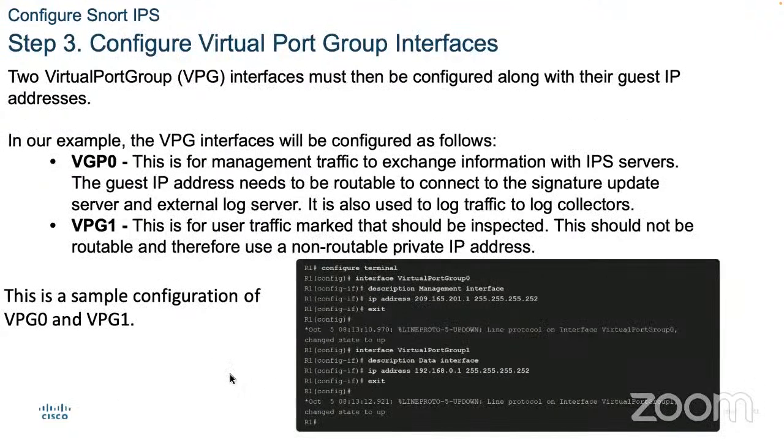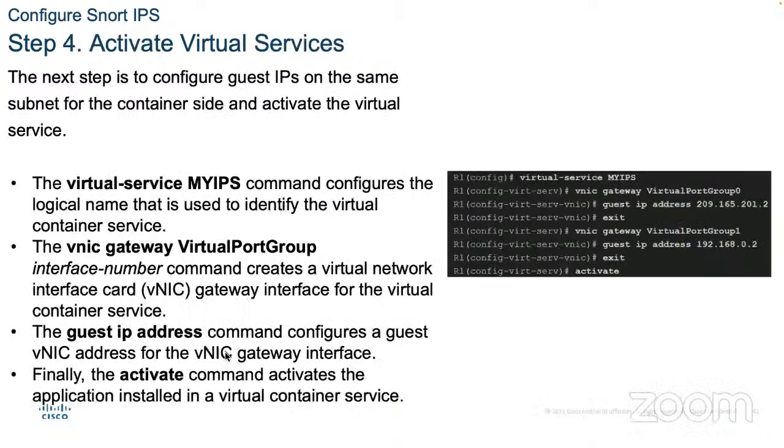You would configure some interfaces. So here we're going to have some virtual interfaces to handle traffic coming in and out. Then we'll activate those services so that those addresses are available.